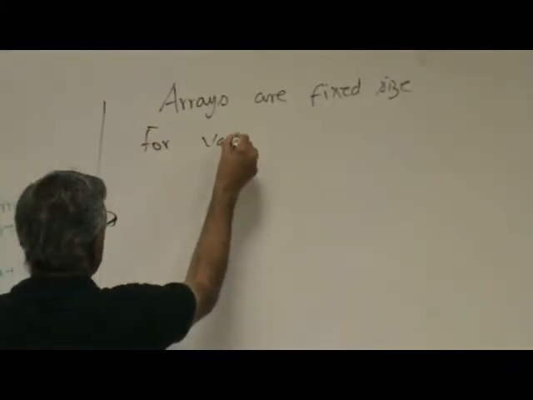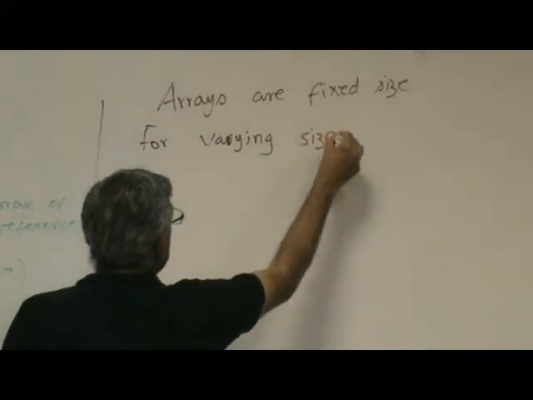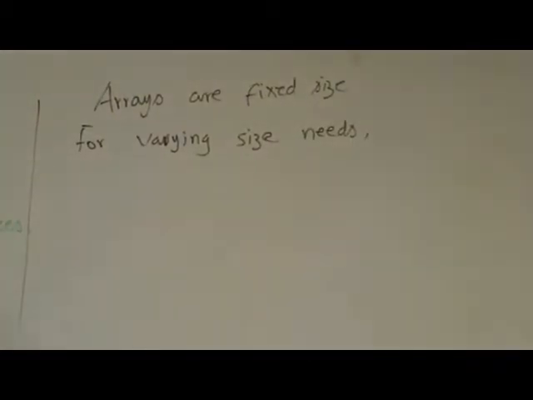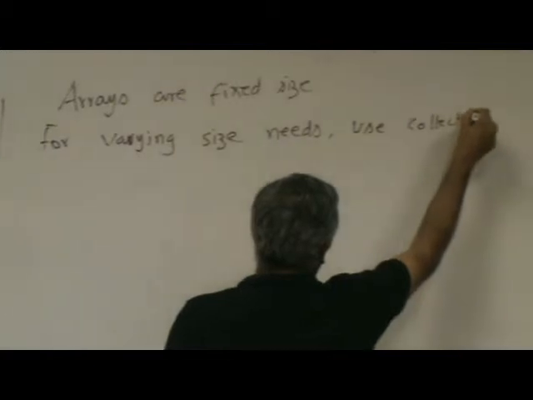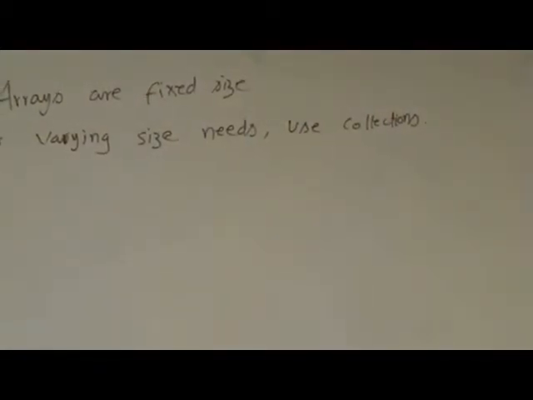For varying size needs, if the demands keep changing, what's a better option instead of an array? Collections. Use collections. I'll be introducing different types of collections as we go along.